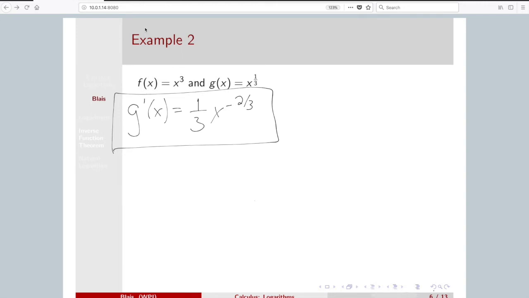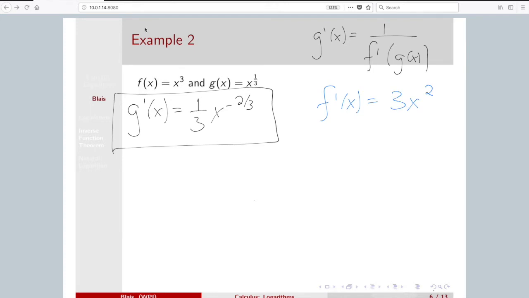But we can also use our theorem that g prime of x is 1 over f prime of g of x. And we can confirm that in this case, we get the same result as we would have if we just did power rule. Now, in this case, note that because f of x is x cubed, we know f prime of x from our power rule is 3x squared.